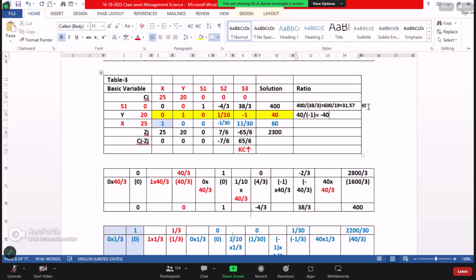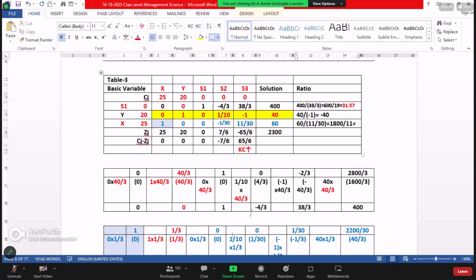So our rule is always you have to consider the smallest positive value. From the two we cannot consider it, it's not the smallest one. Smallest positive value. Okay. Then 60 has to be divided by 11 by 30. Suppose 60 has to be divided by 11, roughly 1800 divided by 11.